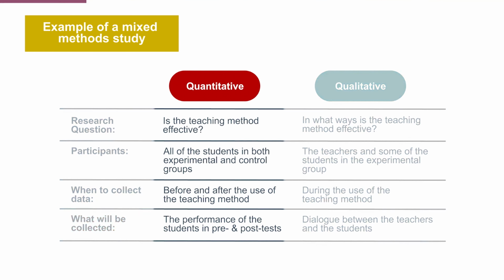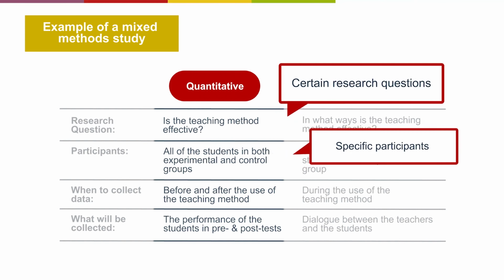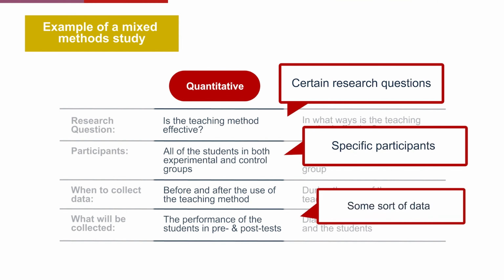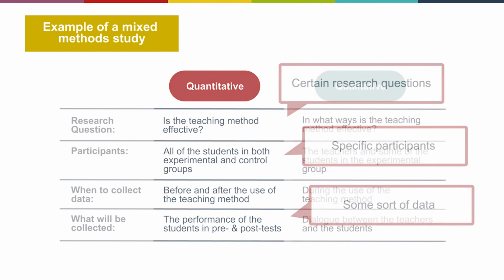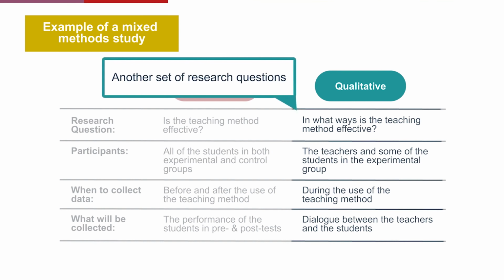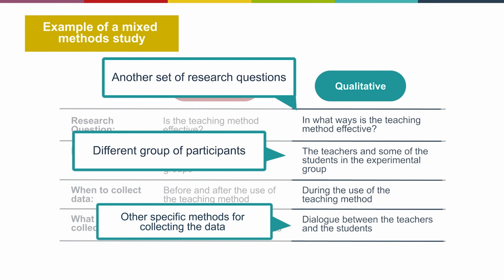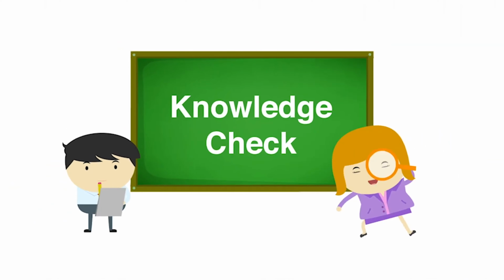You can see that for the quantitative part, you have certain research questions, you choose specific participants, and you collect some sort of data. But for the qualitative part, you have another set of research questions, a different group of participants, and another specific method for collecting the data. You can now see that the two parts can be put together in one project or one study.